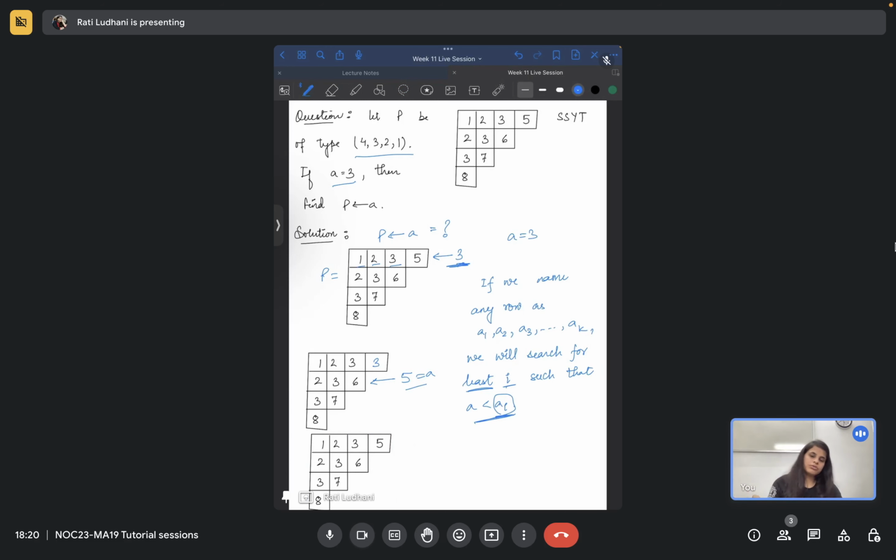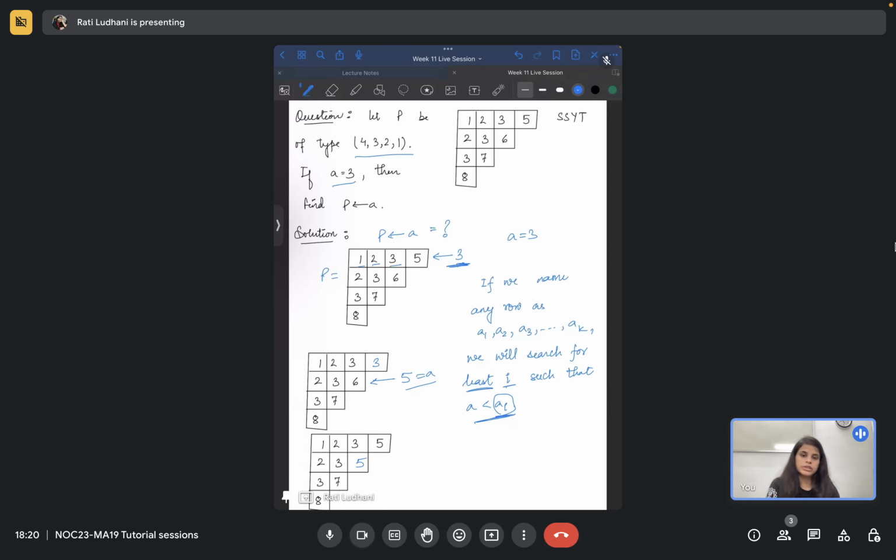Now you are inserting 5 in this row, 2 3 6, and what does the process say? You search for the least i such that a is less than ai. Which number can you replace now? 6, exactly. Because 3 is less than 5, and we need the bigger number. Even equality won't work.